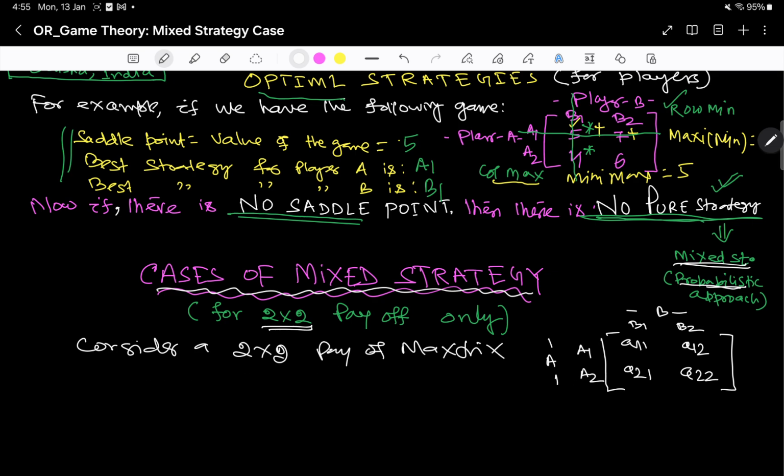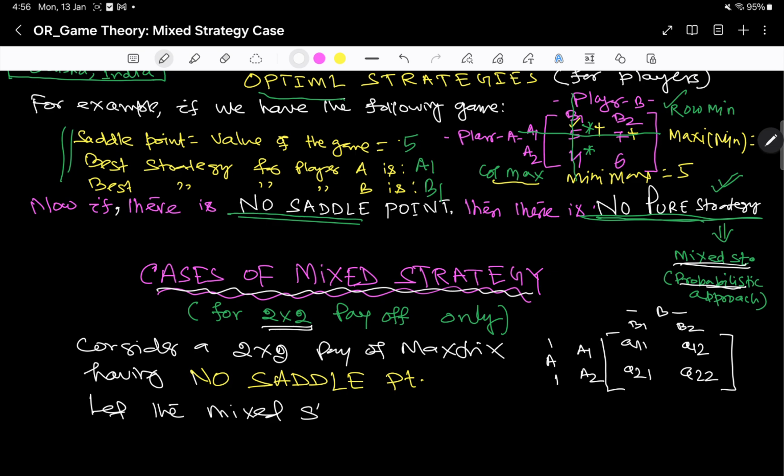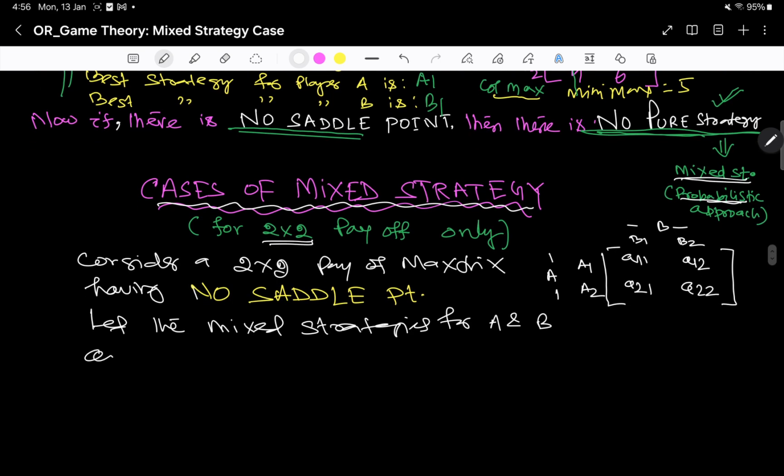Consider a 2 cross 2 payoff matrix having no saddle point. Then what we have to do? We have the mixed strategies. Let the mixed strategies for A and B be as follows.